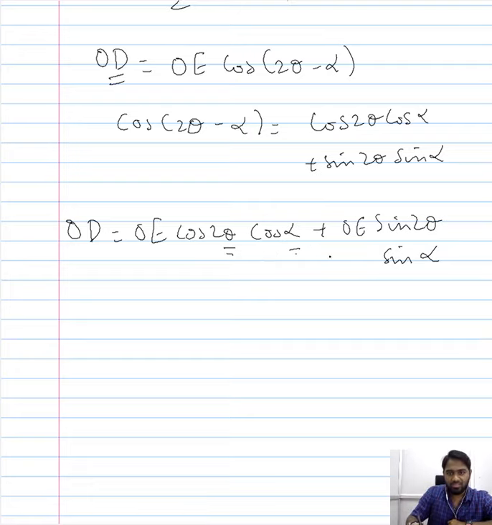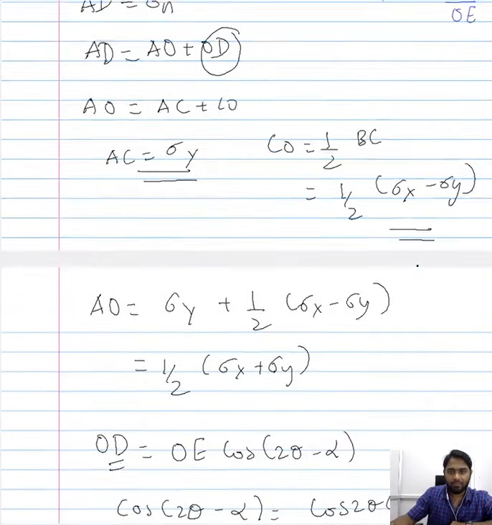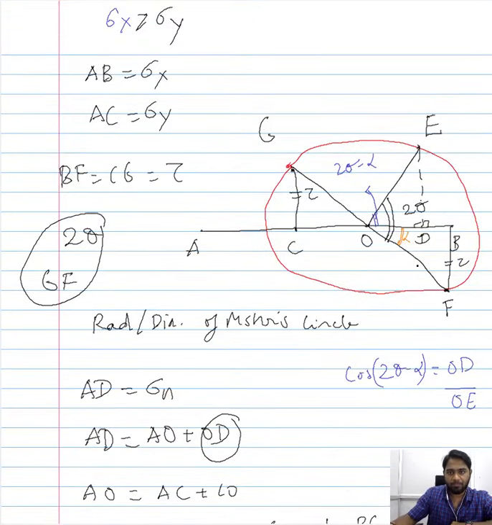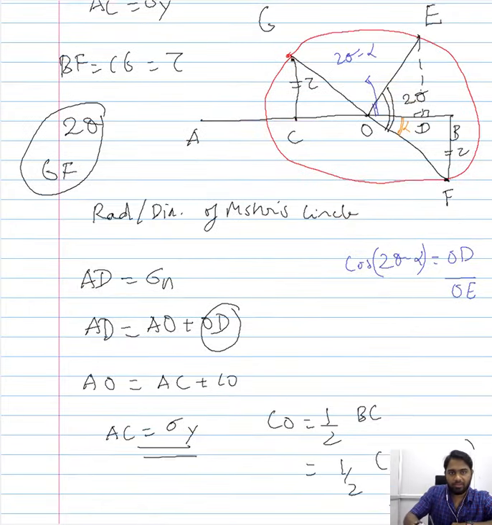So we have cos alpha and sin alpha. If you look here, this is alpha here, the cos alpha is OB by OF. So let me write it here itself. We have cos of alpha, that would be OB by OF, and sin of alpha, that would be BF by OF.